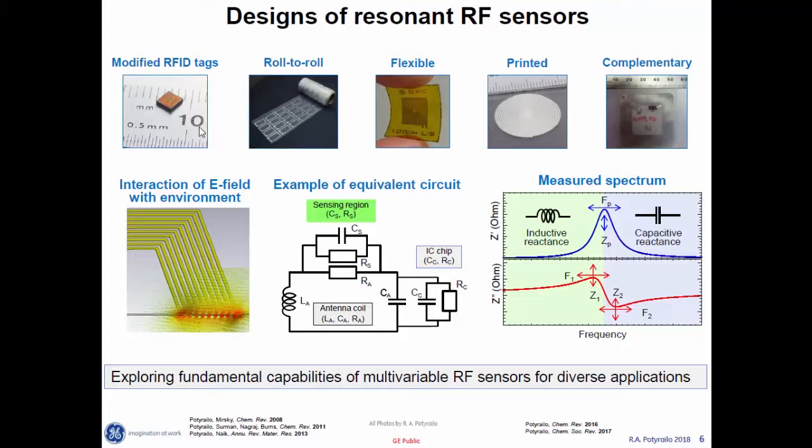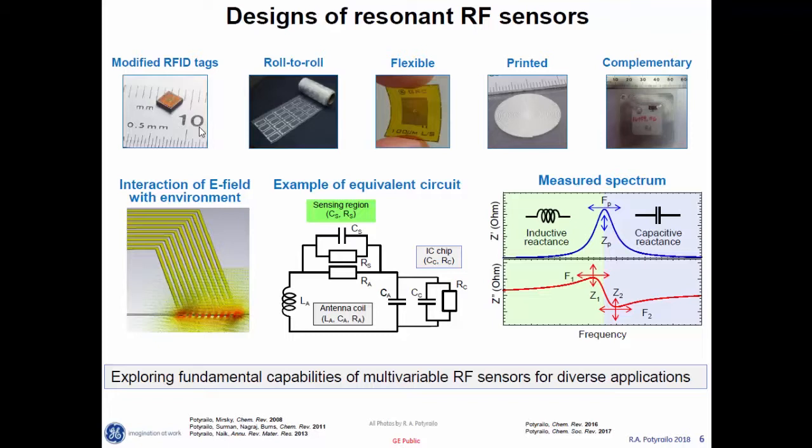If we start with the resonant radio frequency sensors, you can recognize that very often these are the conventional RFID tags, or radio frequency identification tags, that have been used for many applications at 13.56 megahertz. These are called HF tags.